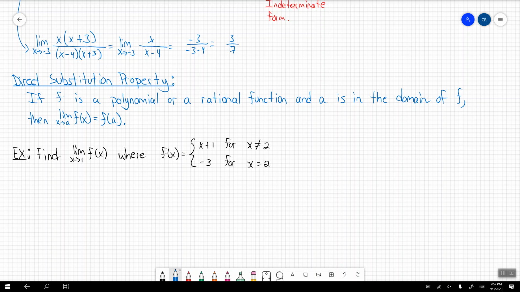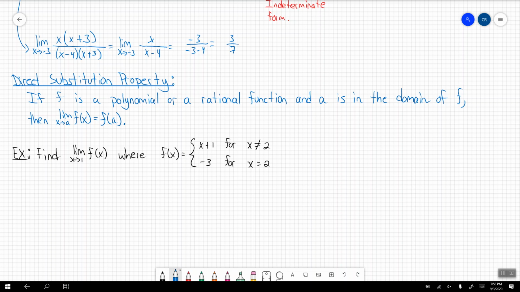In order to find this, we look at the x value that my limit is approaching. My limit is approaching 1, and I have no restrictions on this function for 1. Which means, what is my answer?